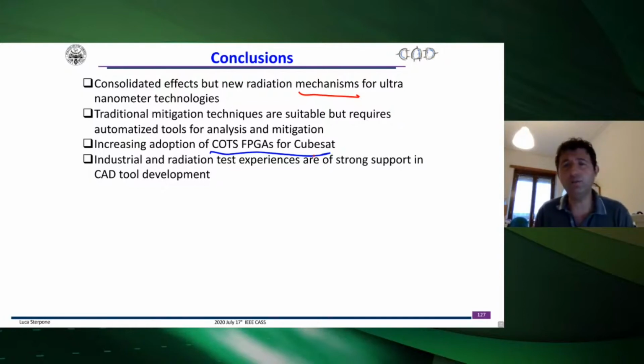There is a need for a huge effort from industrial and radiation test experiments in order to support the tool development. Because the key point, as I hope you understand from this presentation, is that you have the phenomenon on one side, but on the other side you need tools to manage the analysis and the mitigation. So any type of support, any type of collaboration, also with respect to, for example, our institution in Torino that is studying these phenomena, is very welcome.